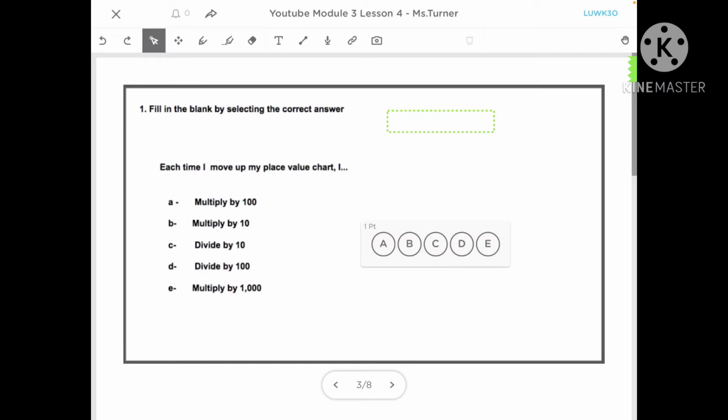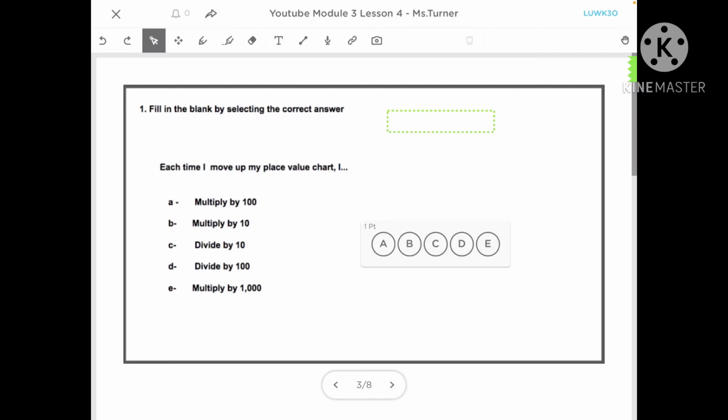So, before we get started on a multiple of 10, let's think for a second. Each time I move up a place value chart, so if I'm going from ones to tens, tens to hundreds, hundreds to thousands, what am I doing? Am I A, multiplying by 100, B, multiplying by 10, C, dividing by 10, D, dividing by 100, or E, multiplying by 1,000?